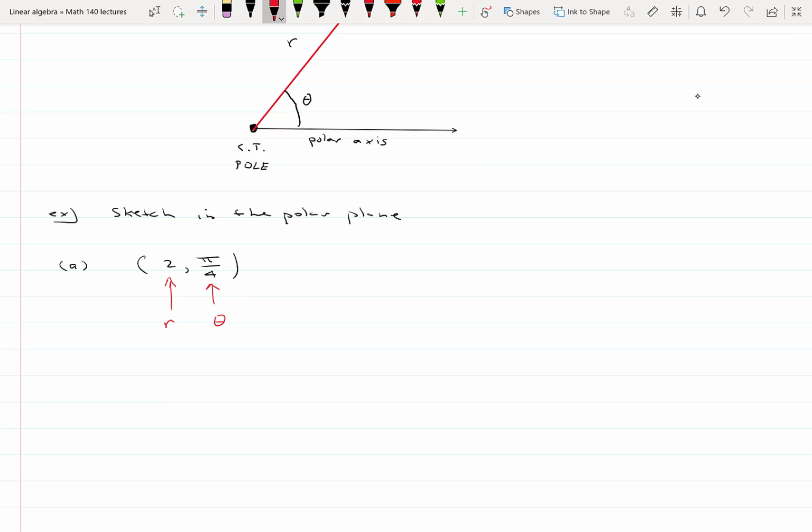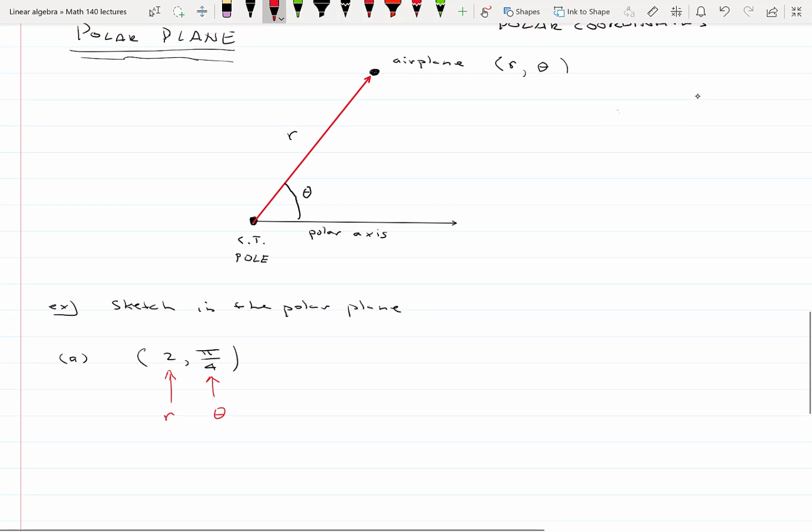Now, when I plot polar points in the polar plane, I do things a little differently than your textbook might. The idea is equivalent. The only difference that I do is that when I graph the red line that went from the control tower to the airplane, I graphed the entire x-axis, including the negative x-axis, rotated through that angle, and I'm hoping that'll make sense in a few minutes.